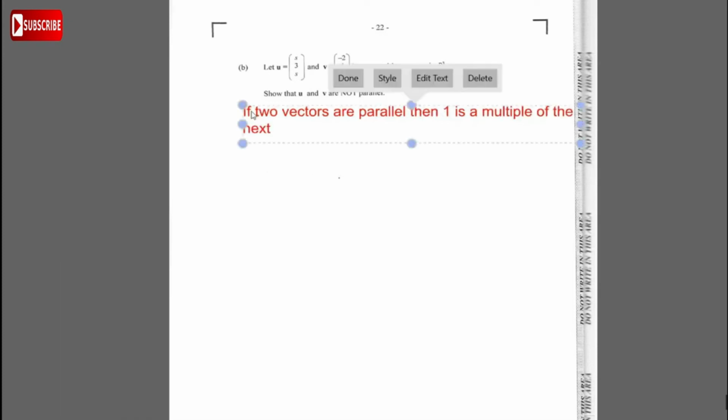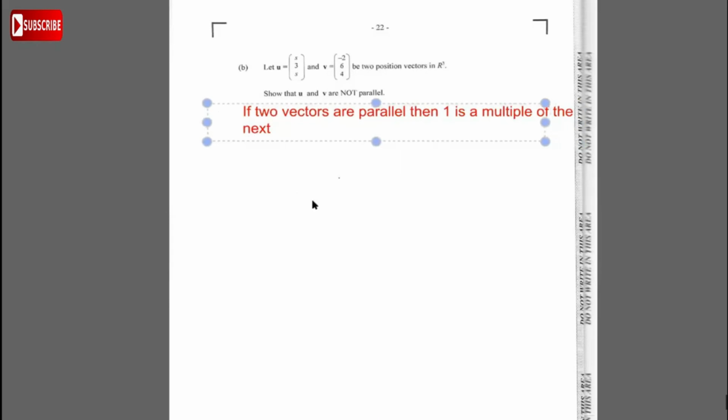So let's show that. Look at this now. And so that means that maybe vector v is equal to some constant times vector u.